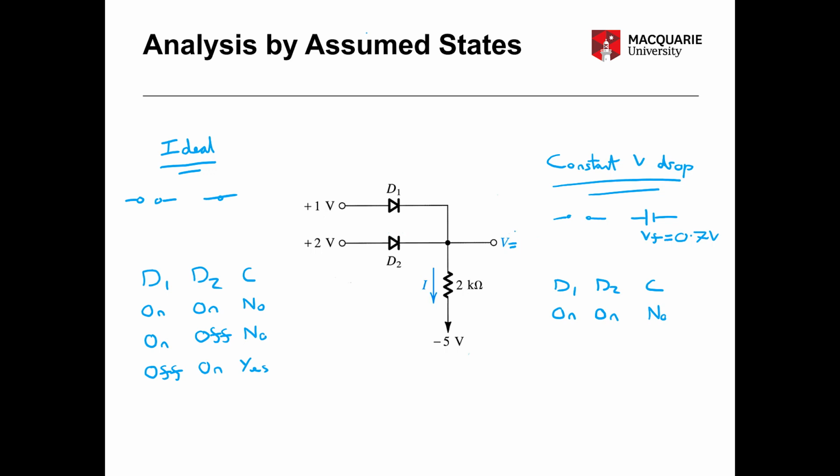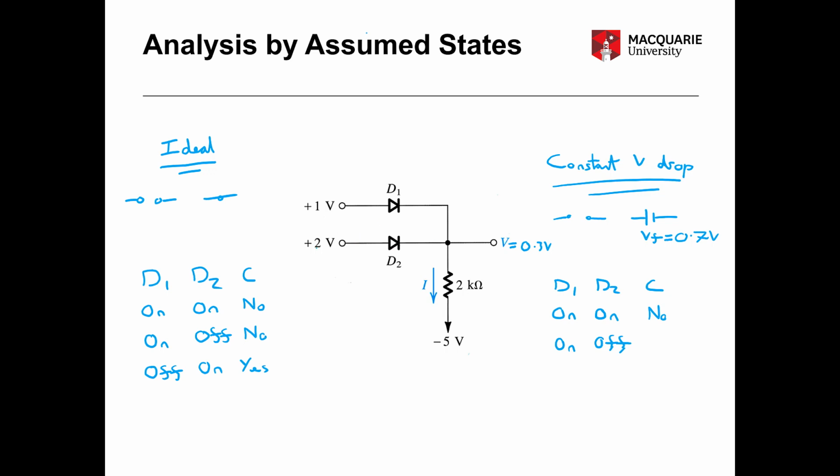Now if we go to on for diode 1 and off for diode 2, then once again we have 0.3 volts for diode 1, but now we're saying that this will be an open circuit for D2, and for that to be the case it must be under reverse bias, which means in this case that the voltage on the right hand side must be higher than the left, and that's certainly not the case.